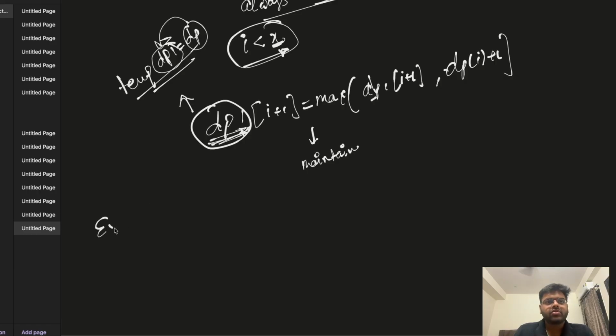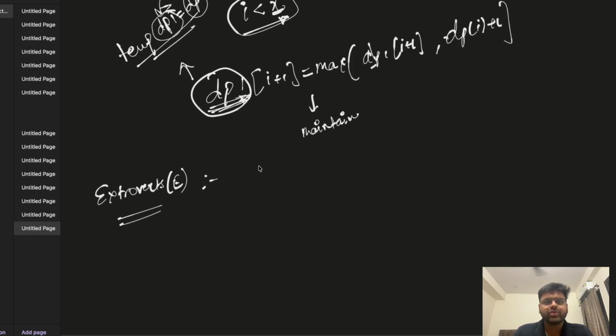Now if we talk about extroverts, what I want for extroverts is that we need to have space, right? If I have I tables, then the total seating capacity is I into S. This would be my total seating capacity, yes or no?